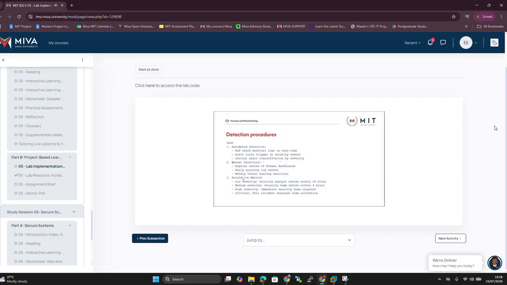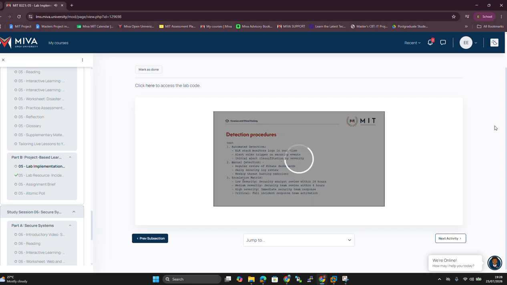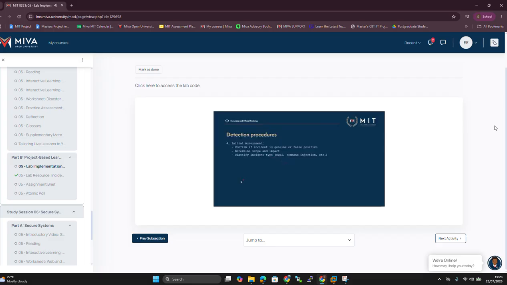So I've talked about the fact that detection can be automatic, it can be manual. So you have automated detection, you have manual detection, you have an escalation matrix, and then thirdly, you have to perform your initial assessment where you confirm if the incident is genuine or maybe you're having a case of false positive on your network.